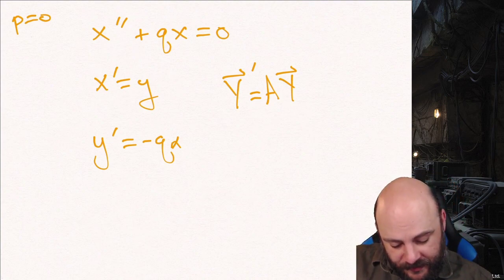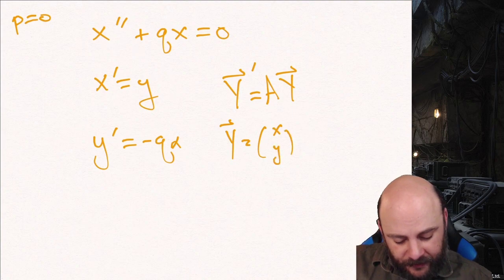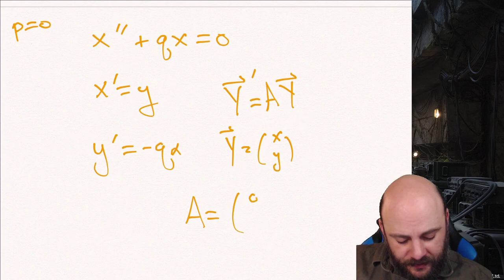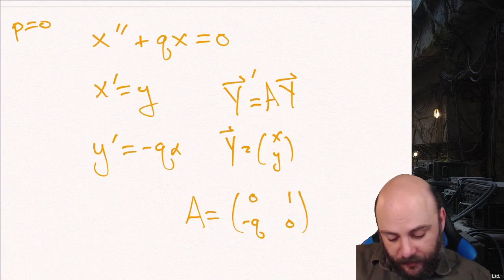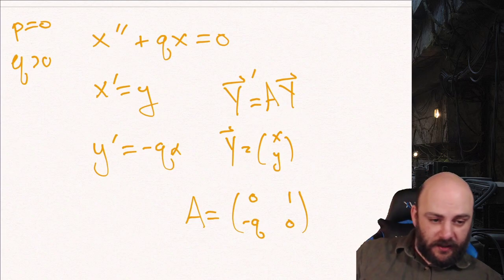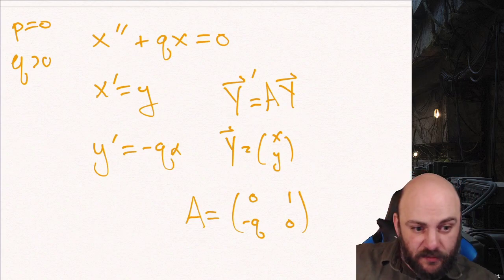In this case, y is equivalent to our little x and our little y, and A is equivalent to 0, 1, negative q, 0. And remember, all this stuff makes sense if q is positive. That's just our special handy-dandy case right now.